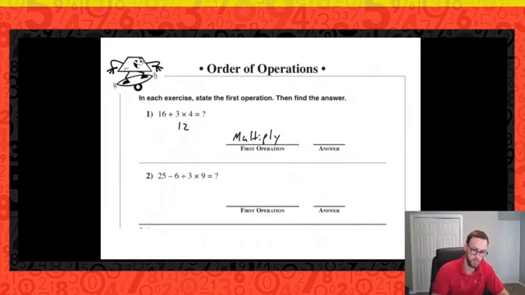So 3 times 4, very good, is 12. And 16 plus 12 is what? So now what is 16 plus 12? I know that 16 plus 10 is 26, plus 2 more. Very good, gets us to 28.